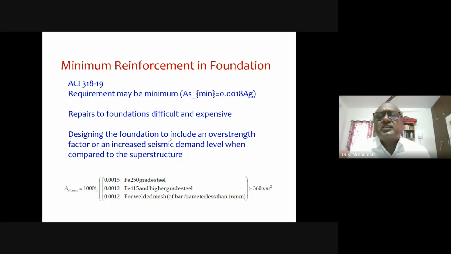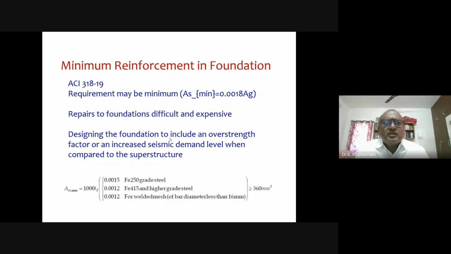Most of the time, given the forces coming and the size of the foundation, if it is an individual footing, the design invariably ends up at the minimum, because you don't consider the ultimate load and many other things. So it may end up at the minimum percentage which the Indian code says.